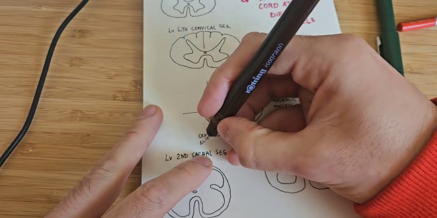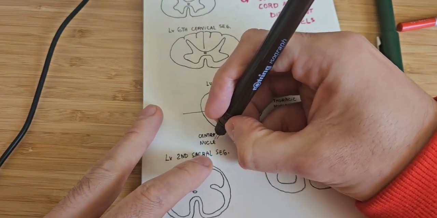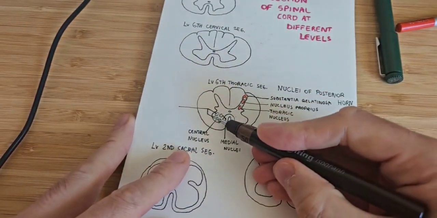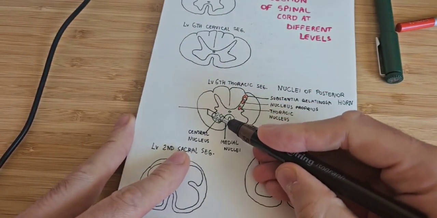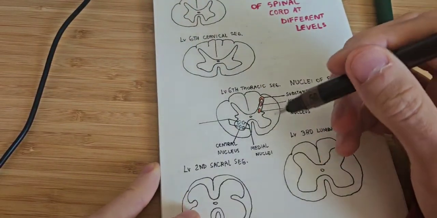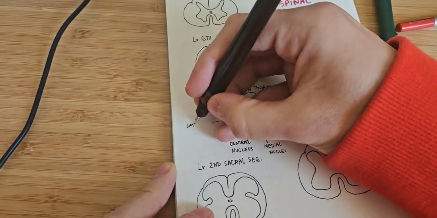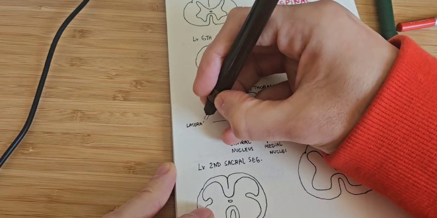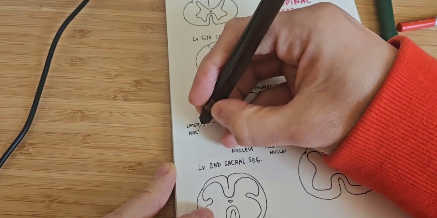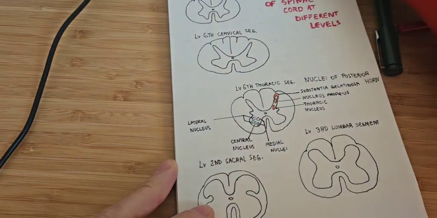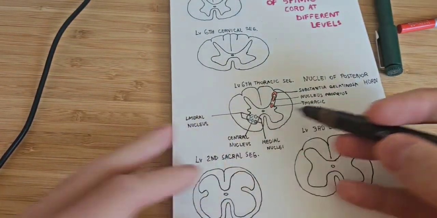Central nucleus. And then we have here the central nucleus, which is this one here, alone, but it's not alone. And then we have the lateral nucleus.